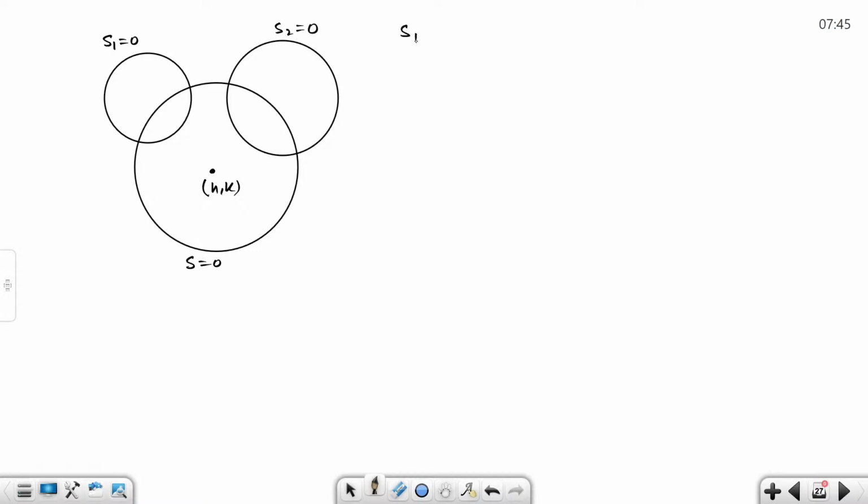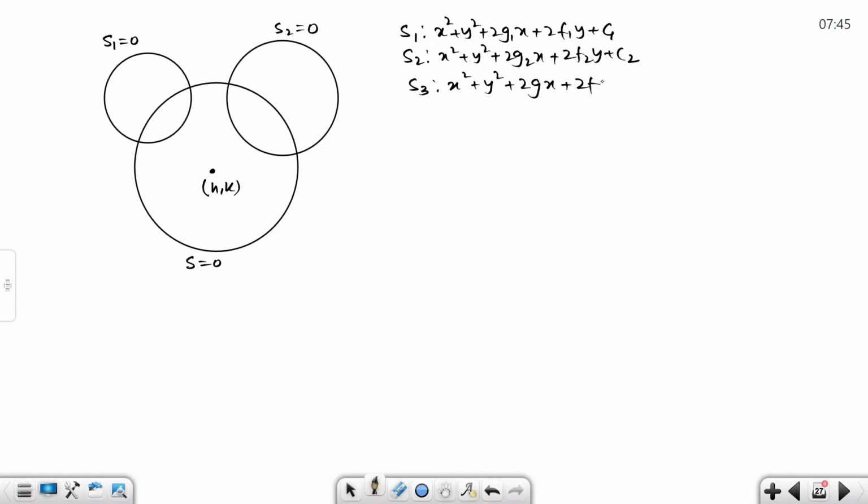Where your S1 is, S2 is, and S3 is, right. So these are the 2 given circles, S1 equals to 0 and S2 equals to 0. And you have to find out the locus of the third circle which is intersecting these 2 given circles orthogonally.